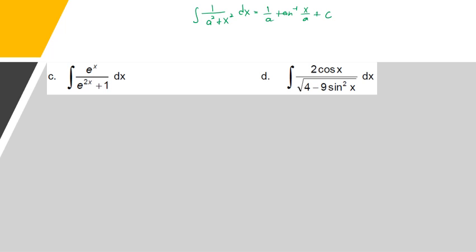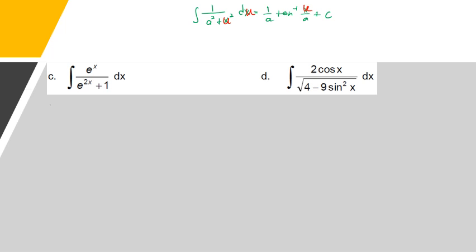So, what is our, saya guna U lah. Pening kan? So, A squared plus U squared du 1 over A tangent inverse U over A plus C. Okay? So, what is our A?